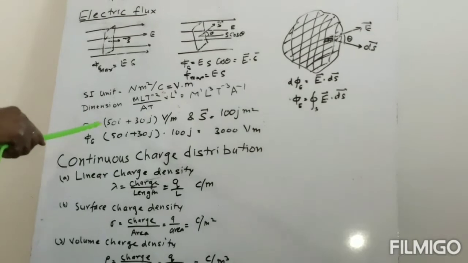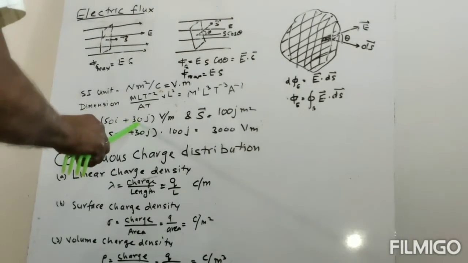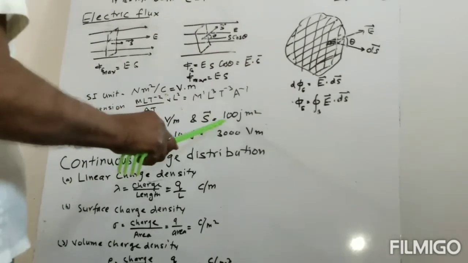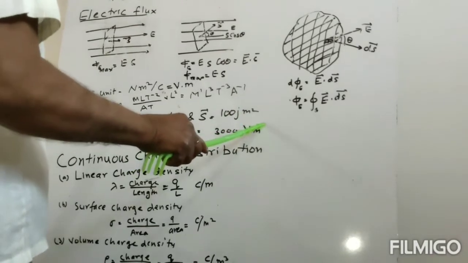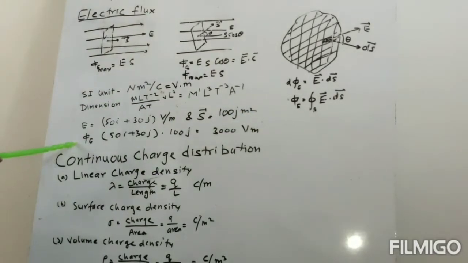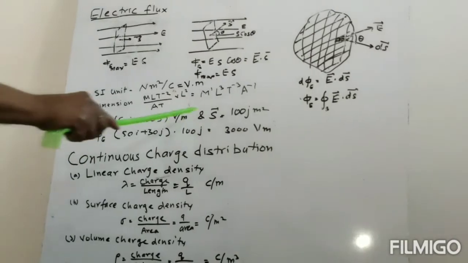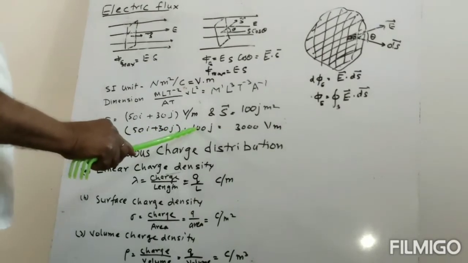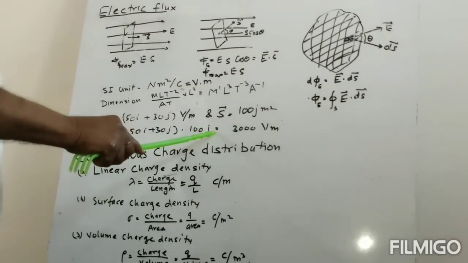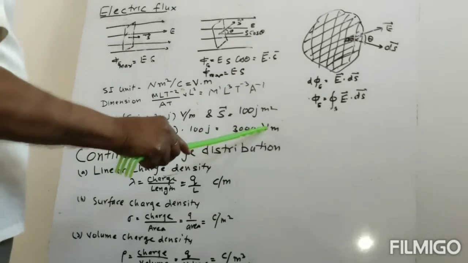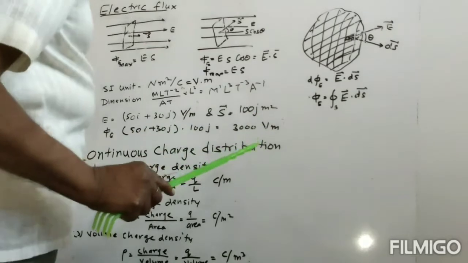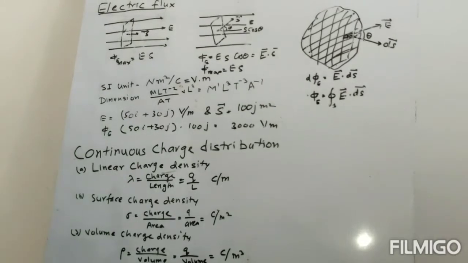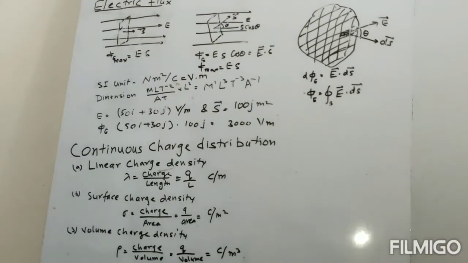If the electrical field is 50i plus 30j volt per meter and the area vector is equal to 100j meter square, then the electrical flux phi is equal to E dot ds. So E is 50i plus 30j dot 100j. So by scalar product we will get 3000 volt meter. So in this way we can calculate the electrical flux.